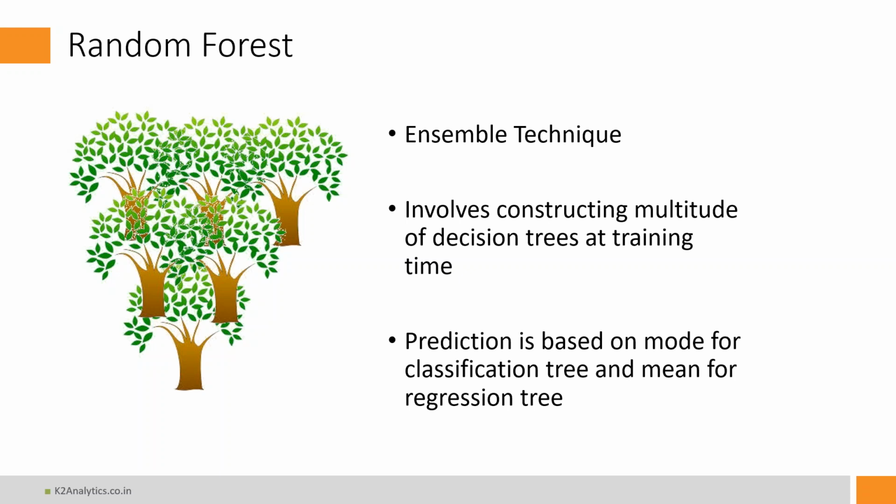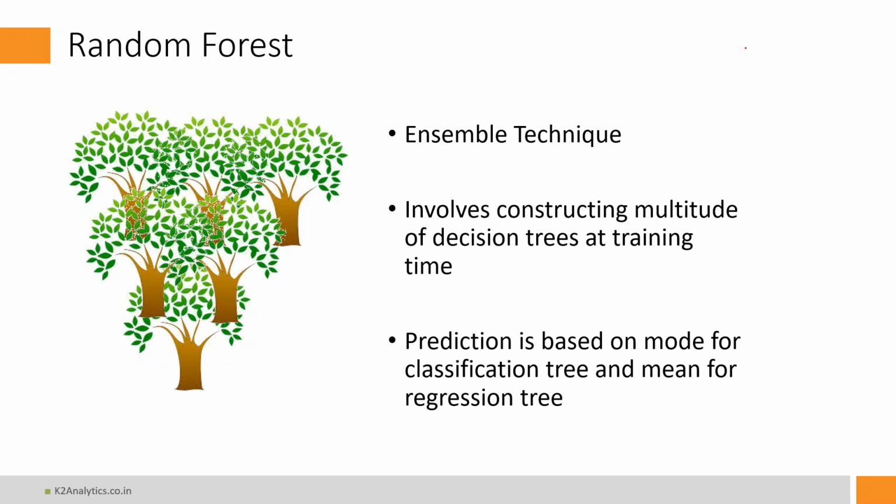If the majority of the trees say the class is likely to be A, then the final outcome would be A. If the majority of trees say the output is likely to be B, in that case the final outcome will be B. That is called the mode principle. In mode, you see majority. In case the outcome is a continuous number, you take the average of all the predicted outcome values. So that is used in regression.